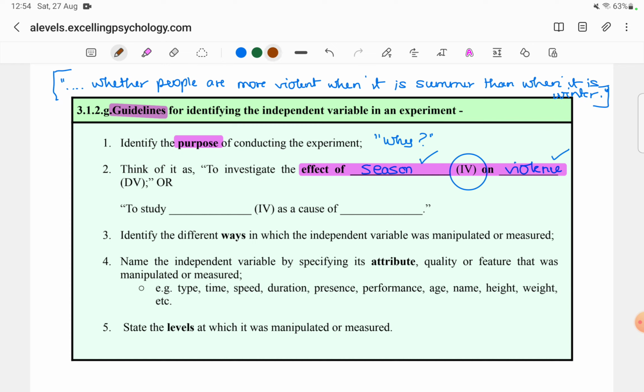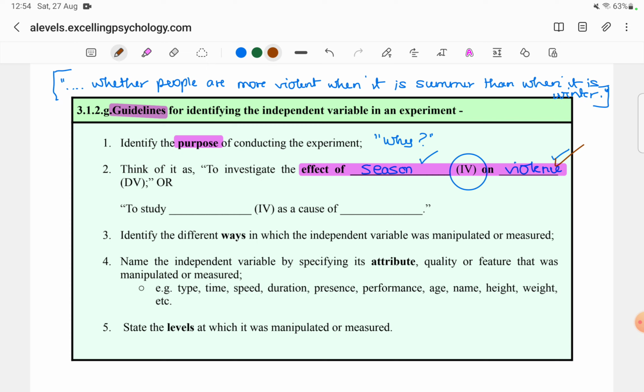So many a time when we are doing this practice, a student will tell me that violence is the independent variable.